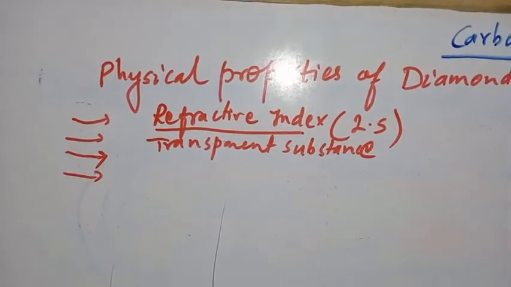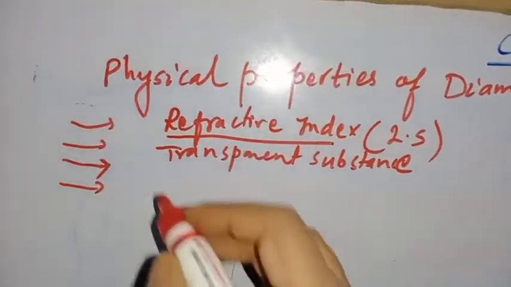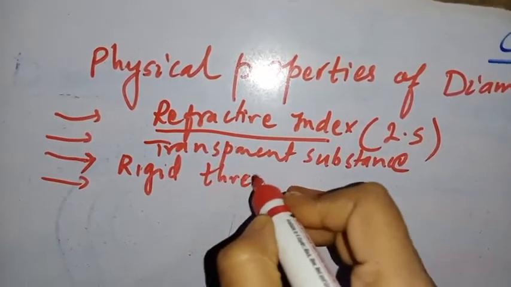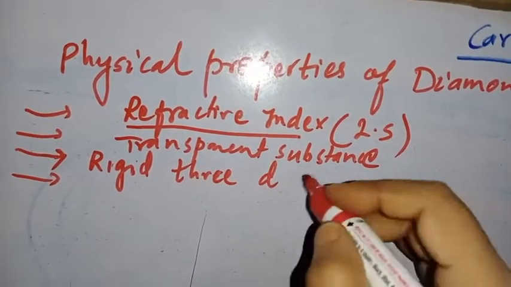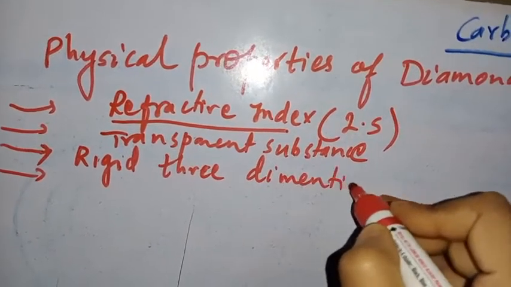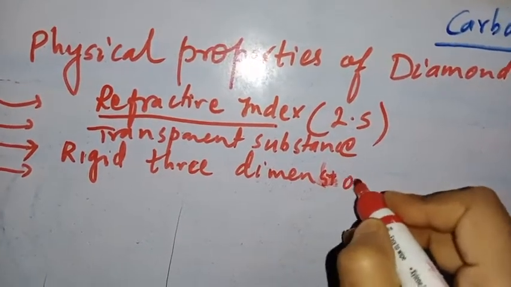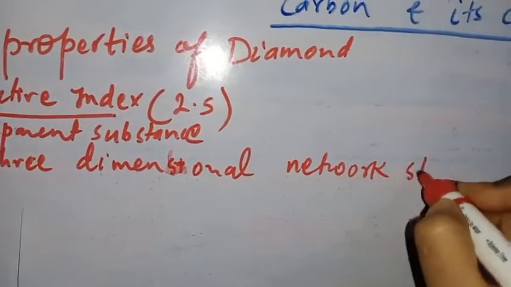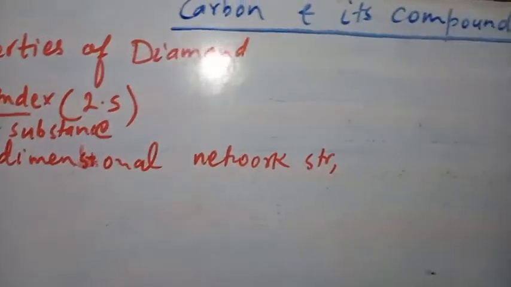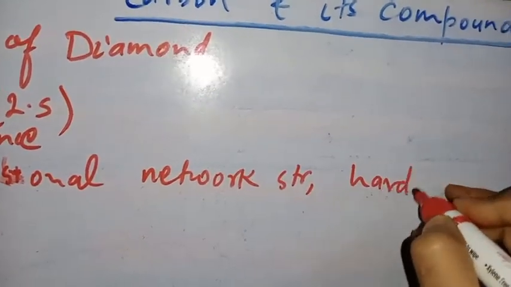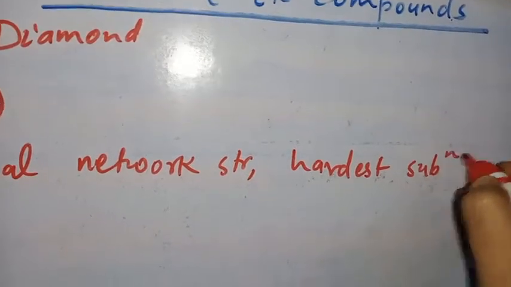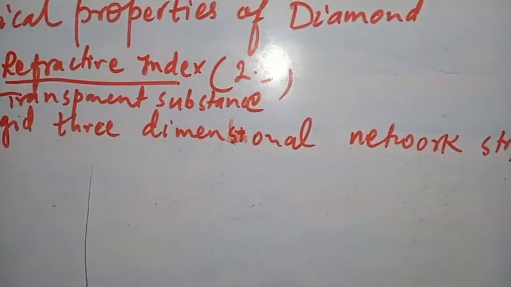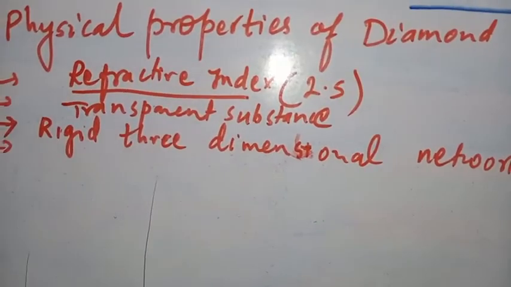Because if you see the structure of diamond, it has the rigid three-dimensional network structure, which makes diamond the hardest substance. Understood?